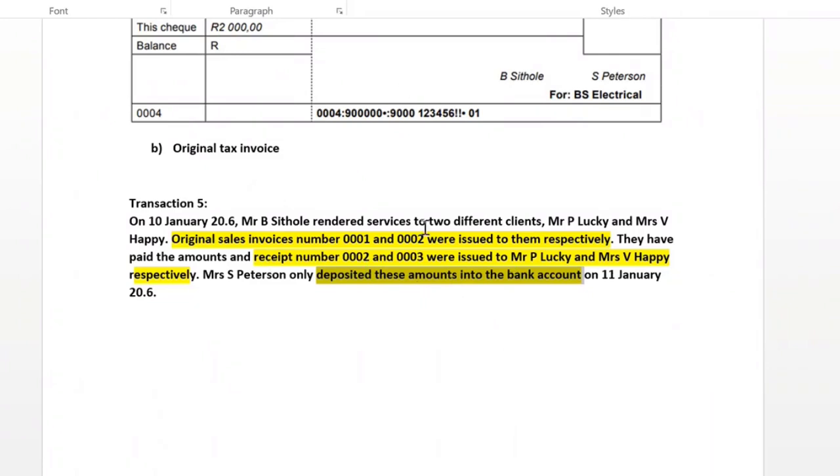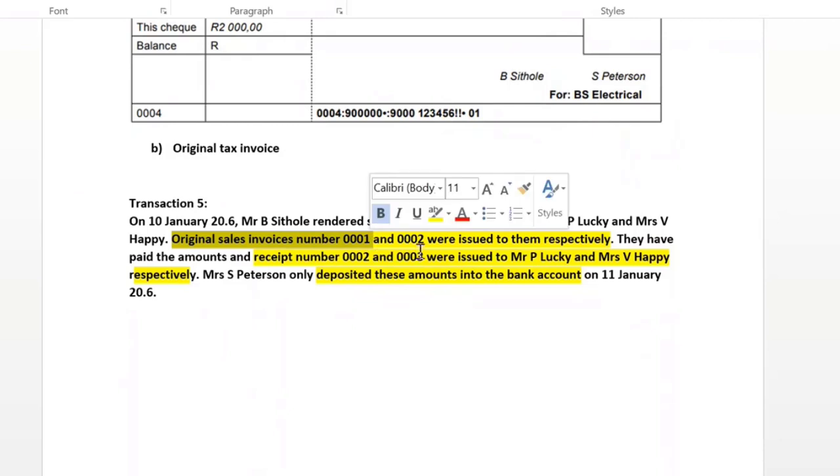Guys, I'm going to repeat this, read this again. On the 10th of January 2006, Mr. B.C. Tole rendered a service to two different clients, Mr. P. Lucky and Mrs. V. Lucky. Original sales invoices number 001 and 002 were issued to the clients.